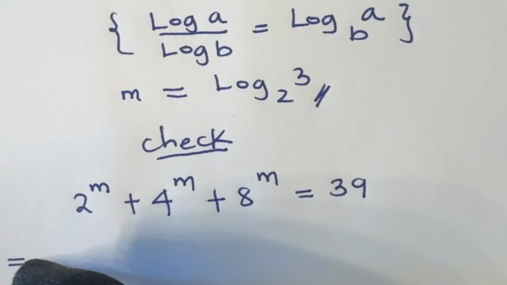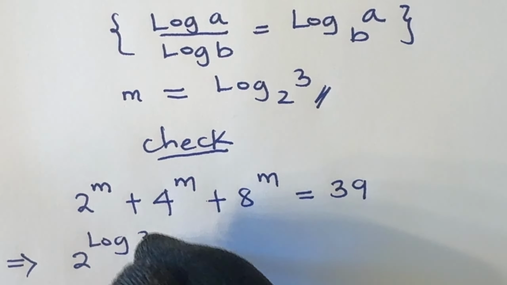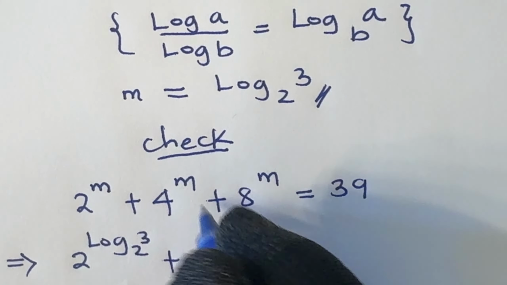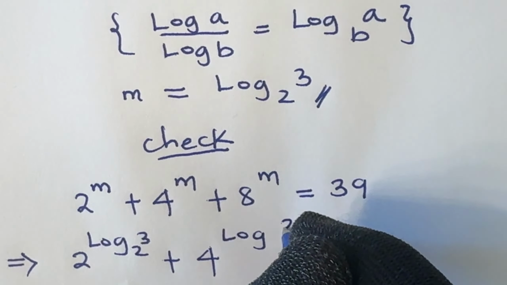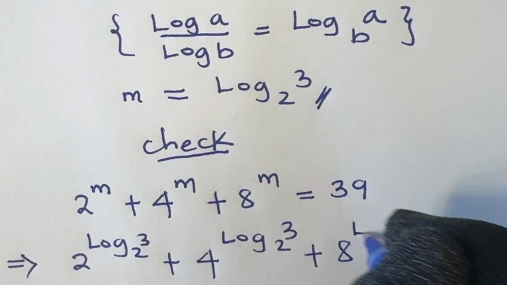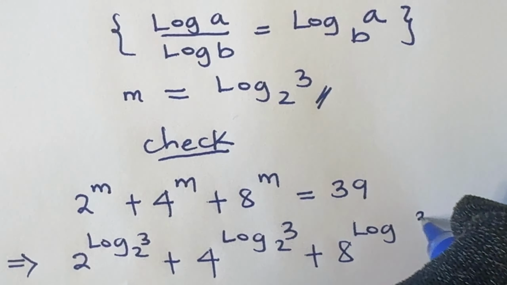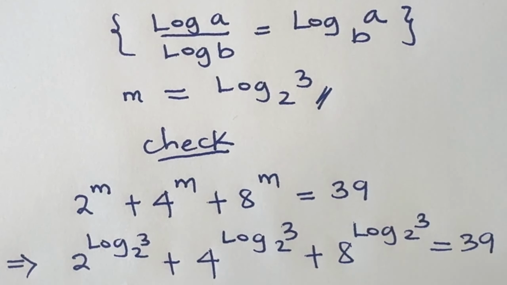This will imply 2 raised to power log 3 base 2 plus 4 raised to power log 3 base 2 plus 8 raised to power log 3 base 2 is equal to 39.